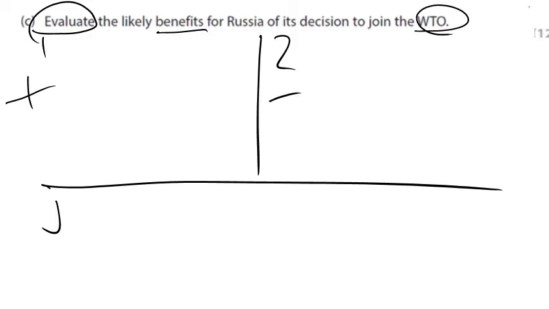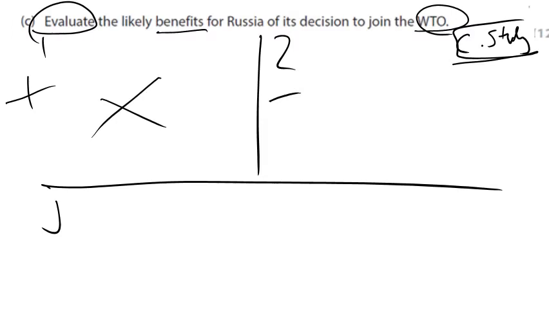Again, there are some specific examples in the case study of what that means for Russia in terms of reductions in tariffs. What you are thinking of broadly is benefits to exporters of the joining and the negatives of imports from the same thing.